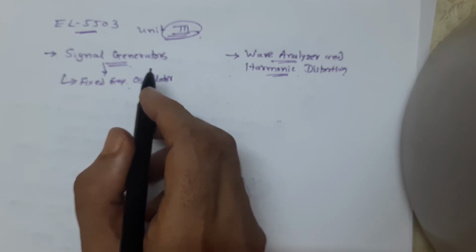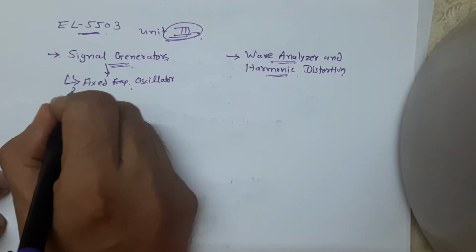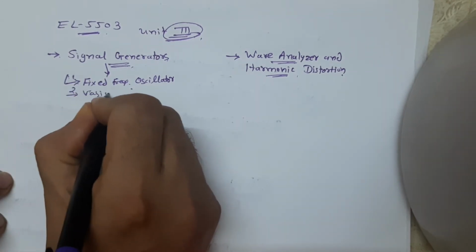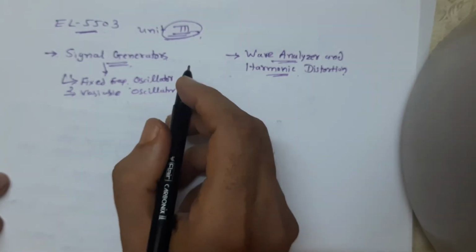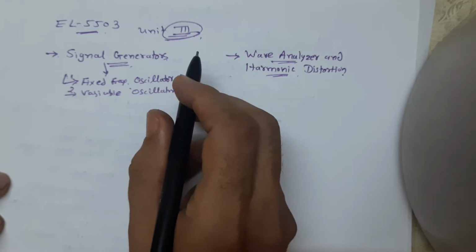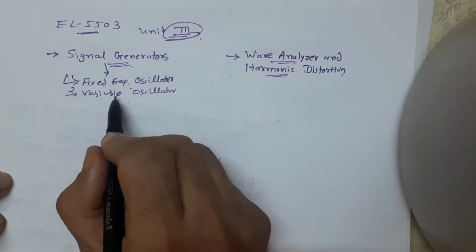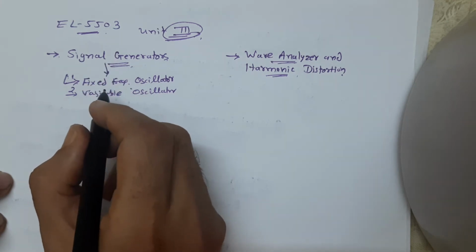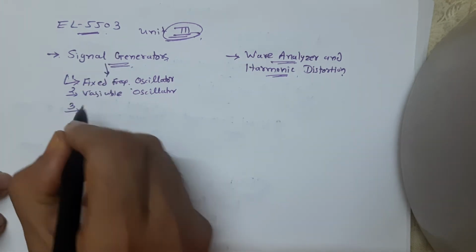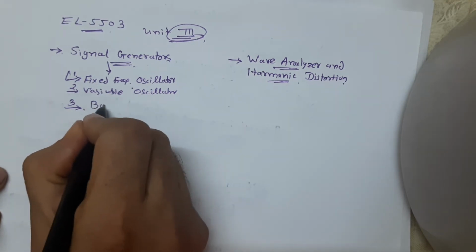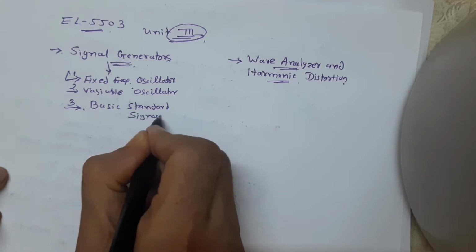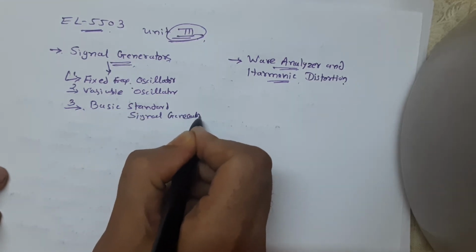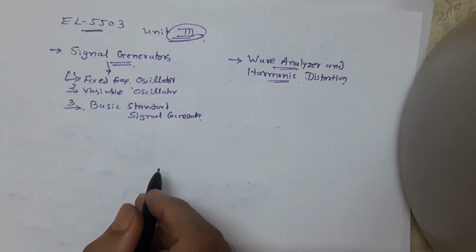Then the second one is the variable oscillator, where we can vary the frequency. Whatever signal we get at the output, the frequency is varied. Then the third one is the basic standard signal generator. Next one is the standard signal generator.